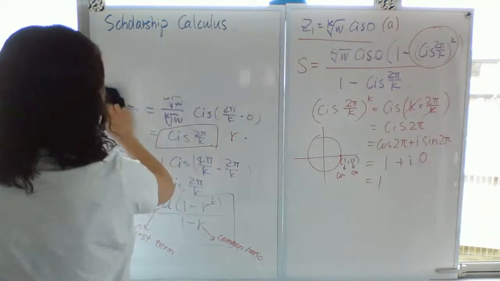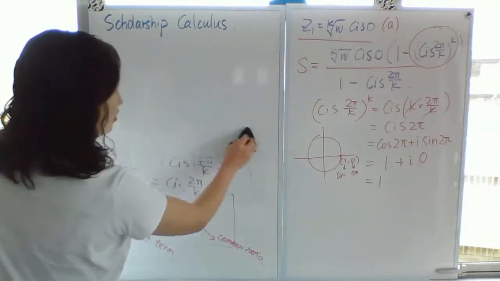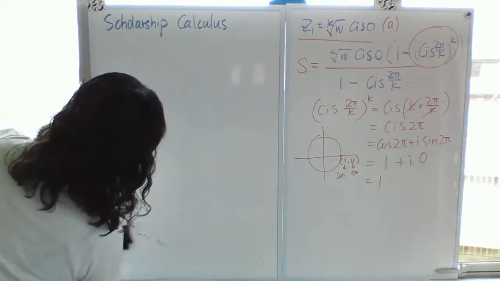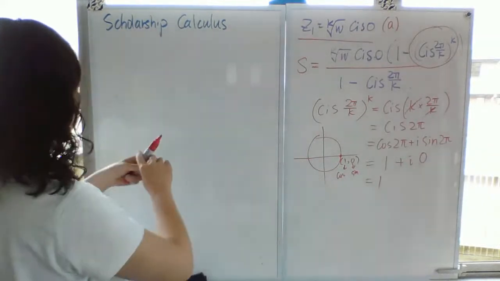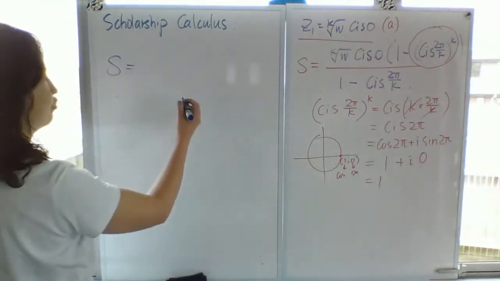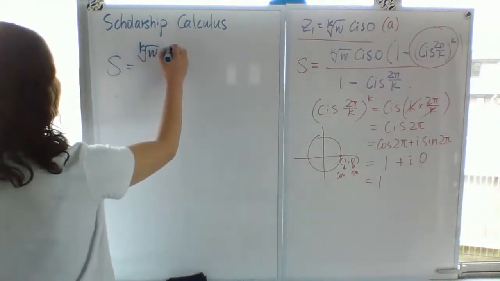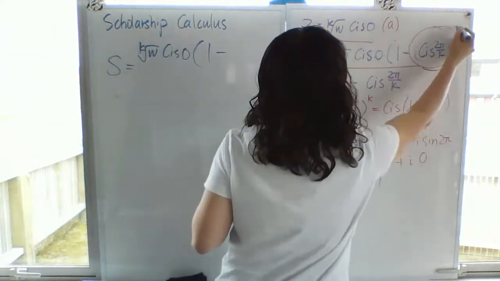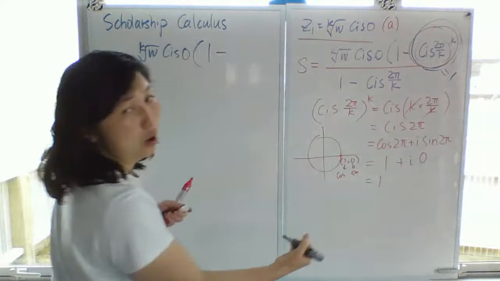Now, I'm going to substitute this into the equation that we got for the sum. And we notice that I don't need to keep going too far, and I can find the answer soon. Because S is equal to Z1 times, 1 take away, and we already figured out this whole thing is equal to 1.